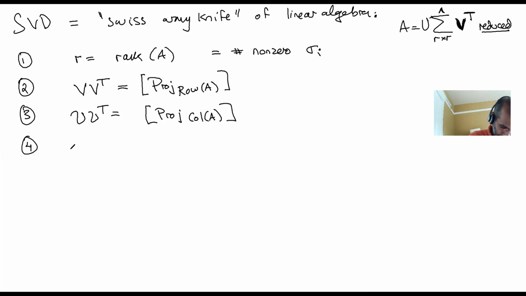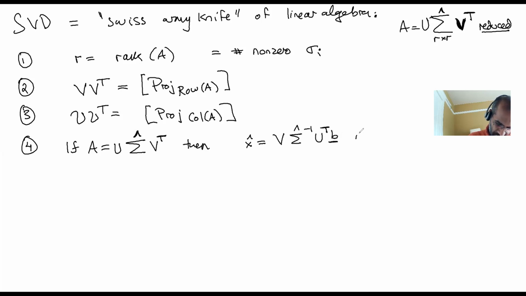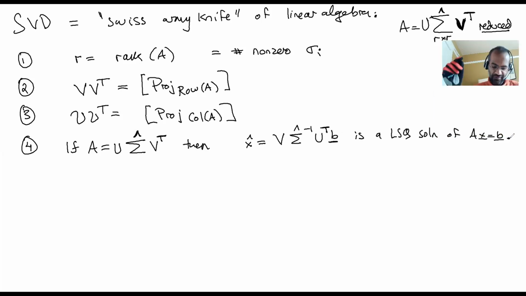If A has the following reduced SVD, U sigma hat V transpose, then X hat equal to V sigma hat inverse U transpose B is a least squares solution of AX equals B. Once you have this, you can just read off the least squares solution.